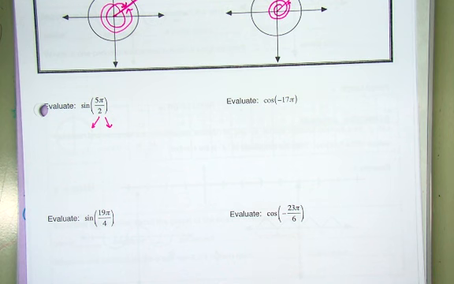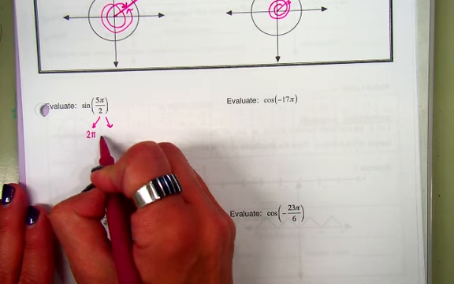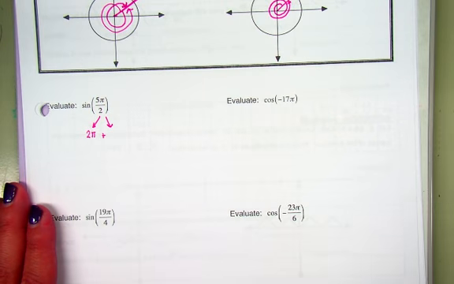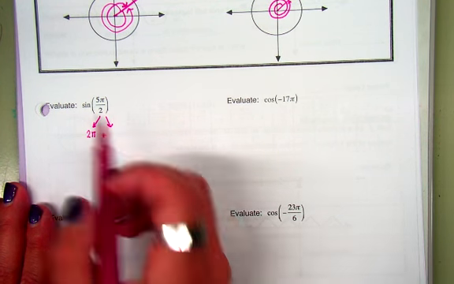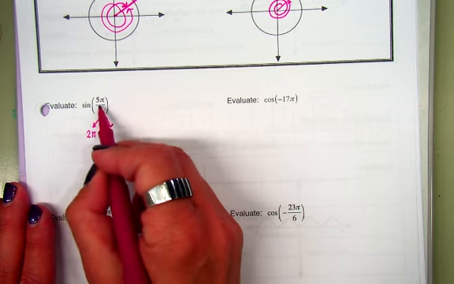So how could I rewrite 5 pi over 2 as a multiple of 2 pi? How could I do a 2 pi plus something else to equal 5 pi over 2? What would it be? You guys can do fractions. Come on. What would I have to add to 2 pi to get to 5 pi over 2?